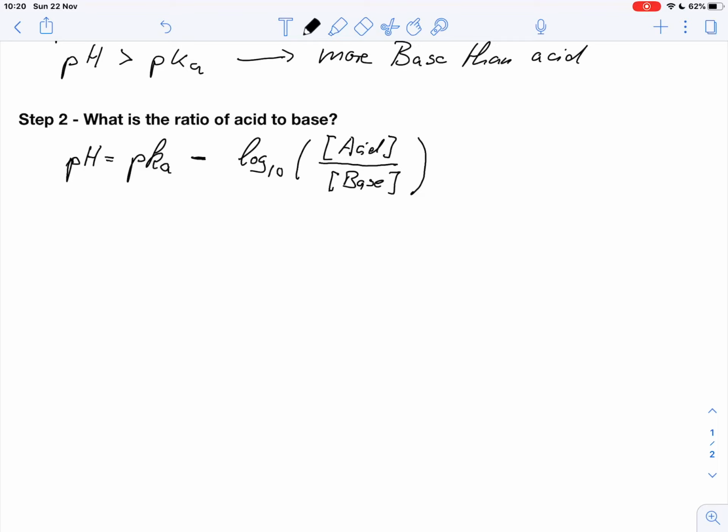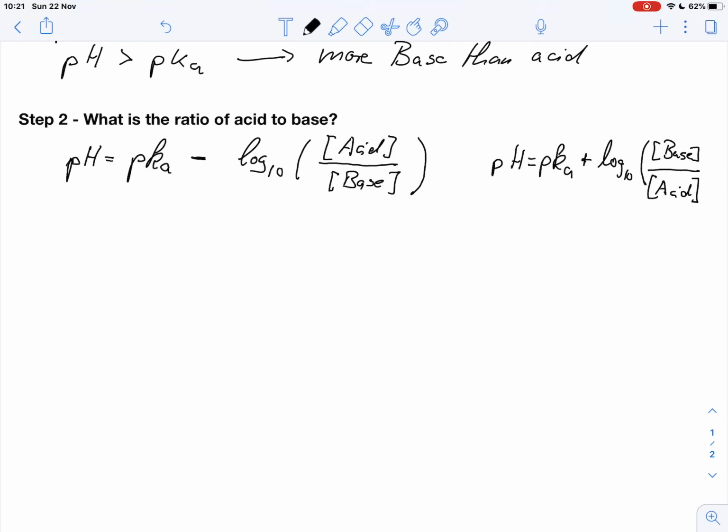We can, of course, also write it the other way round. So we can write it as pH equals pKa plus the logarithm to the base of 10 of the base over the acid concentration.